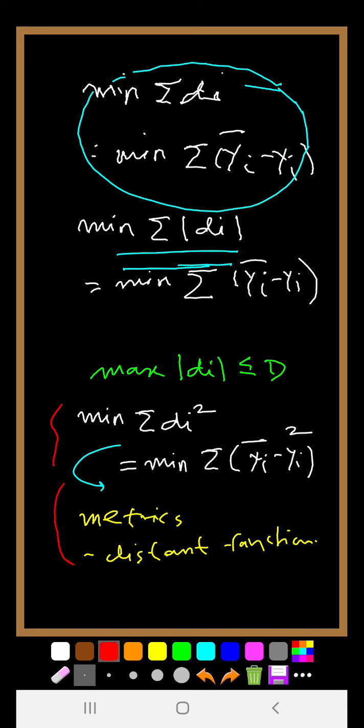If it satisfies this metric function, it is called Chebyshev approximation.